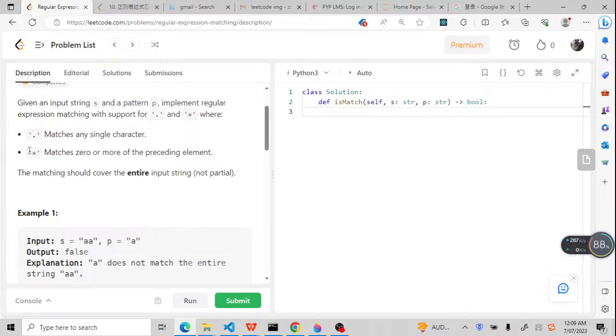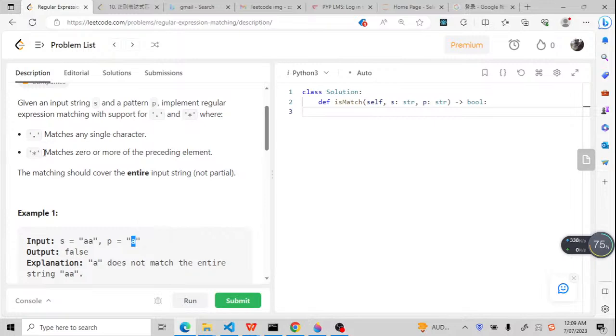And here we need to understand this line: star matches 0 or more of the preceding element. So if the preceding element is A, and after A there is a star, together it can become an empty string, or it can become an A, or two A's, or a lot of A's.